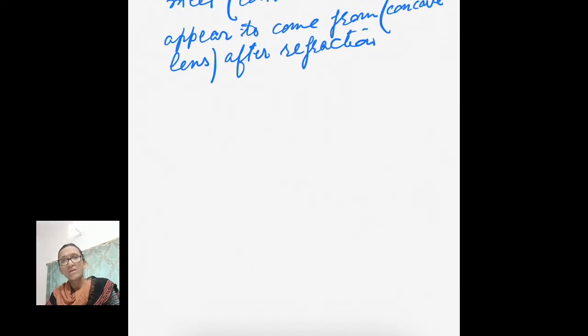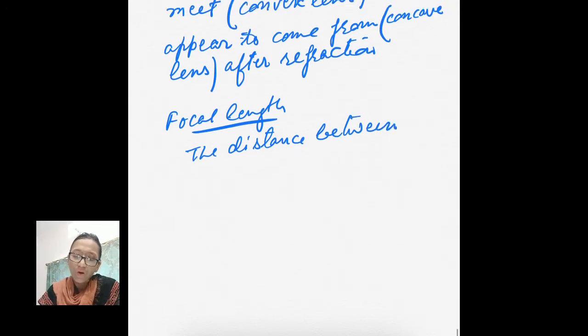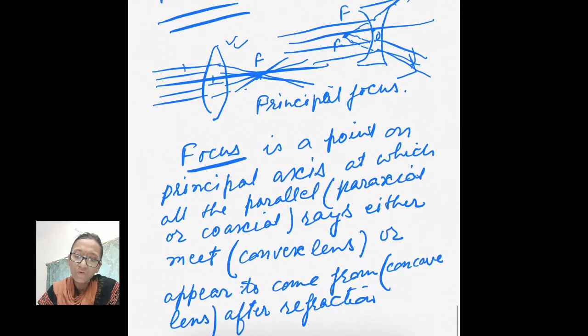Let us first of all define focal length also. Focal length is the distance from optical center to focus, from here to here, this distance is called focal length.